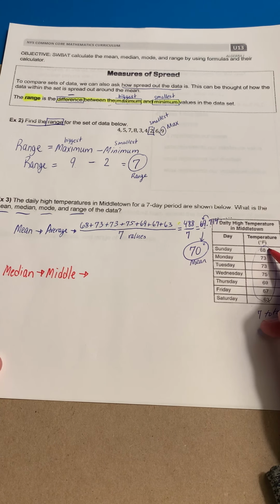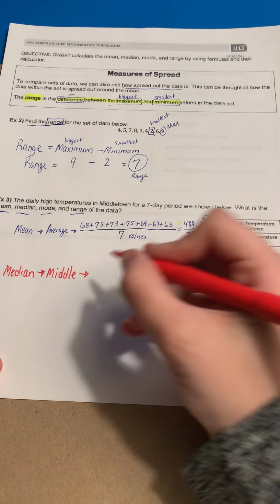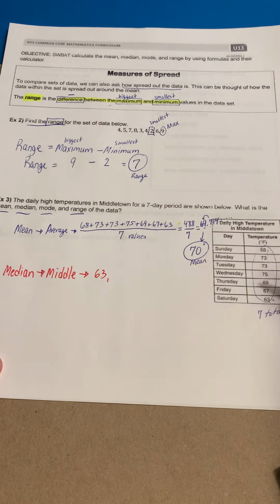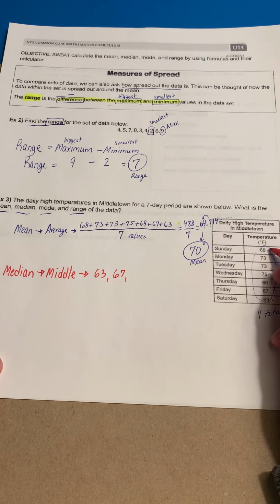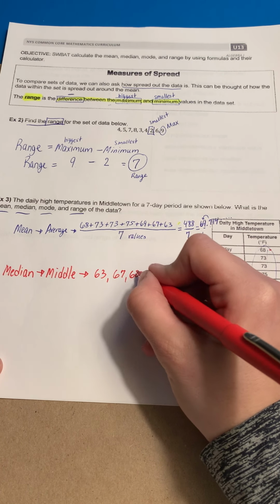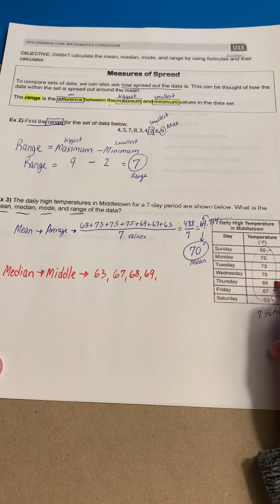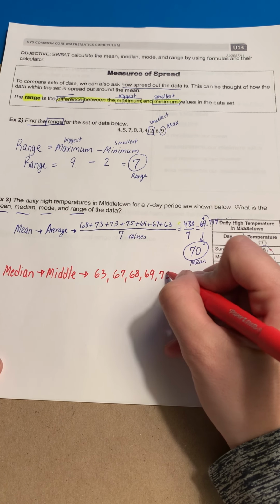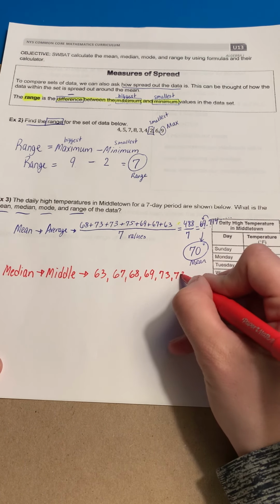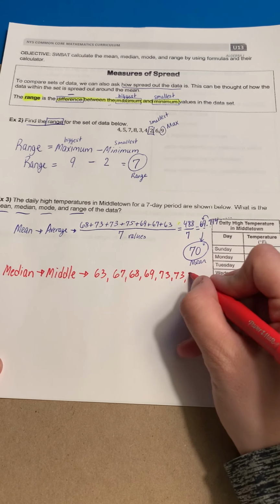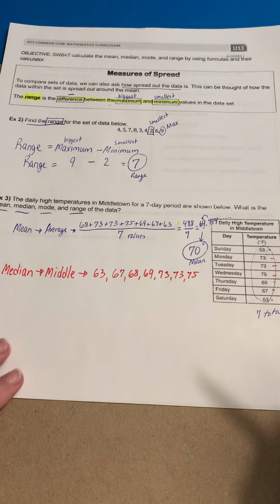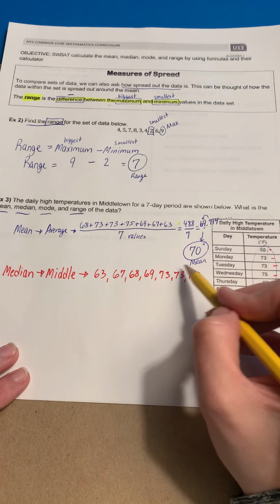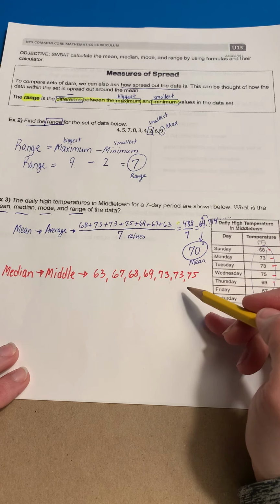So if I start listing these in order, my smallest number is 63, then 67, then 68, 69, 73, and then 73 again, and then 75. So now that they're in order, I can figure out what's in the middle. Okay, a common mistake is people forget to put them in order if they're trying to do it by hand, and they get the wrong answer.